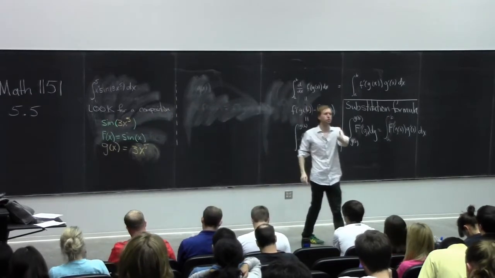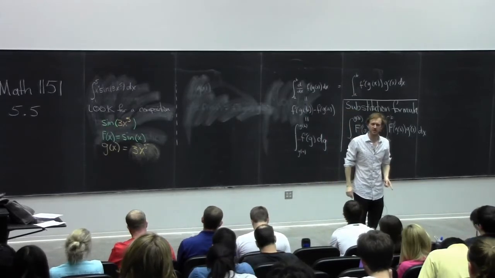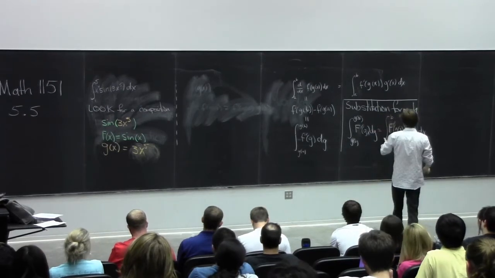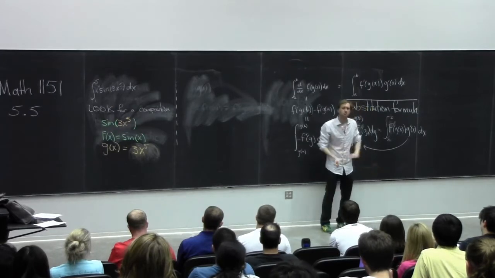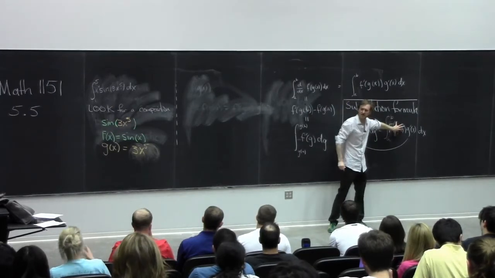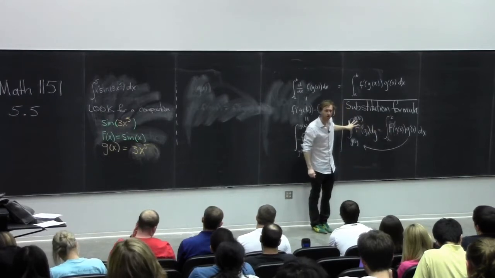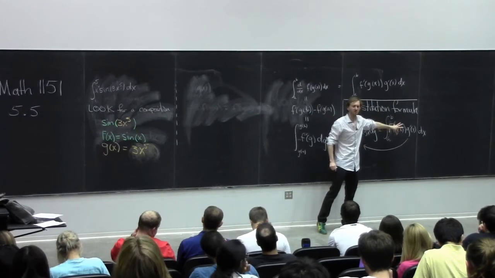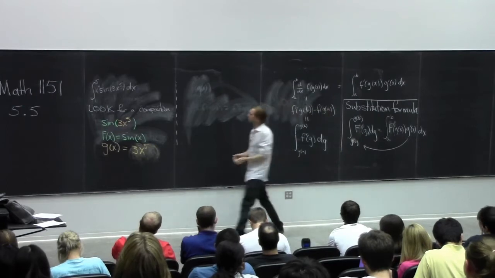Most of the problems you do in this chapter, and since we're not doing much more than this chapter in this class, most of the problems you do in this class, you're going to be going this direction with the formula. Meaning we'll hand you something like this, and you want to turn it into something like this. The harder problems, you actually go the other way. But that won't come till Calc 2. These, we're typically going this direction. And look what we have here.